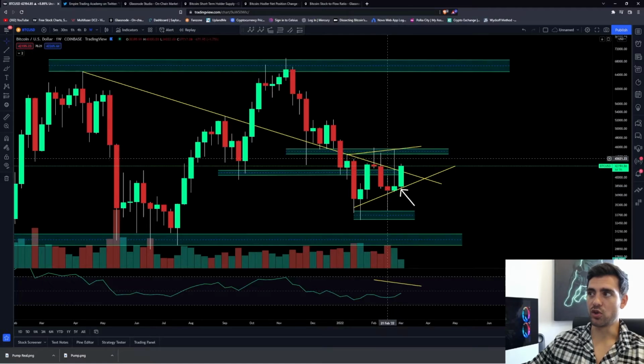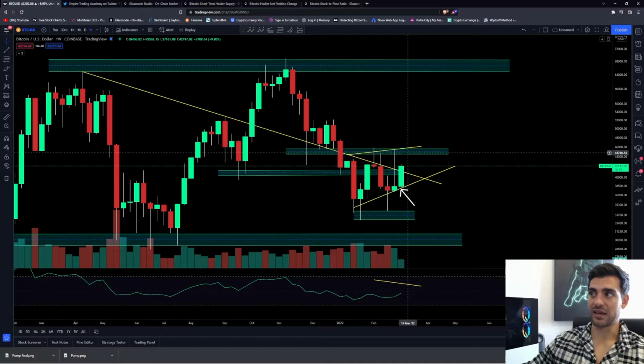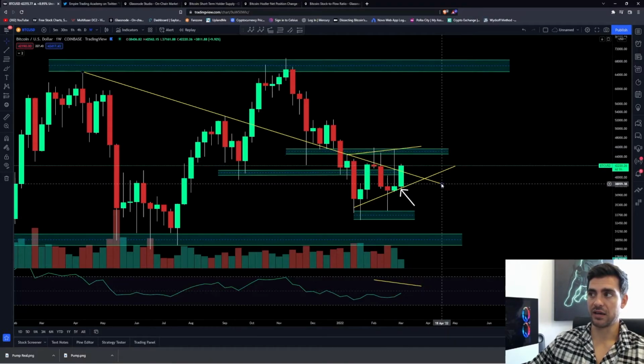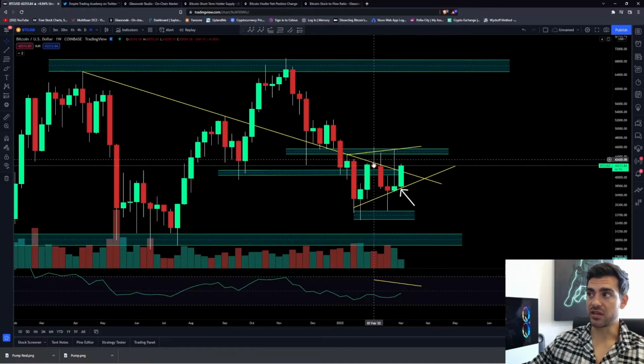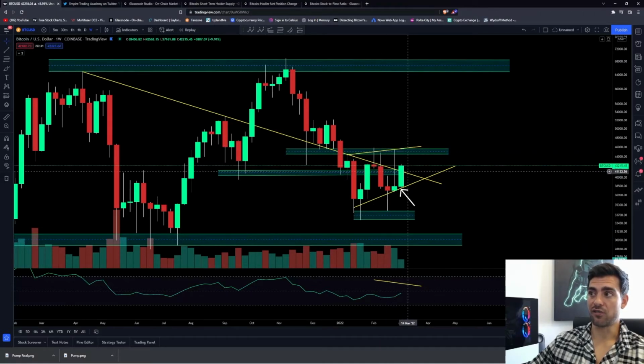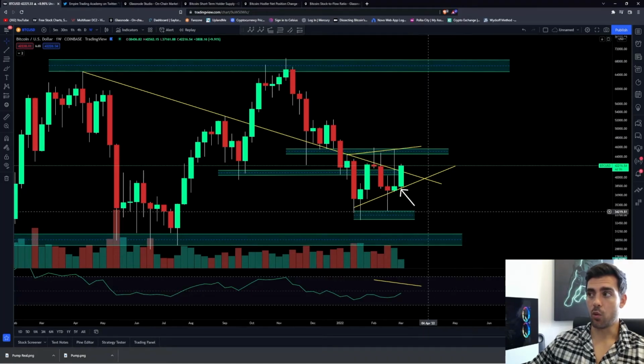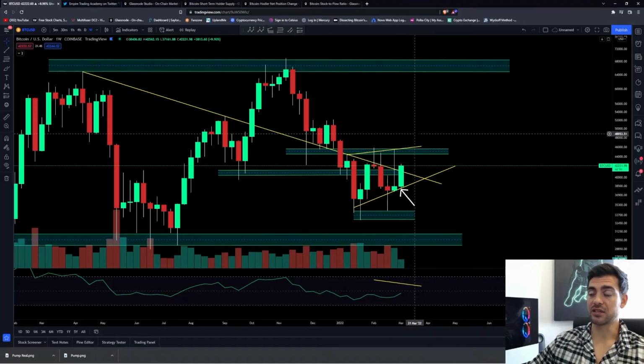And so we'll look to see, are we going to get through the rest of the week, test this $46,000 level again, and then bears come in, sellers come in and push this back underneath this trend line? This is what we're going to be watching. It's possible that this is a final test of this level before breaking out to the upside. Or are we going to see a break to the upside and bulls start to take over?